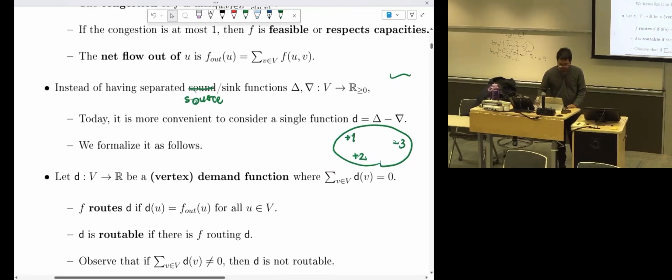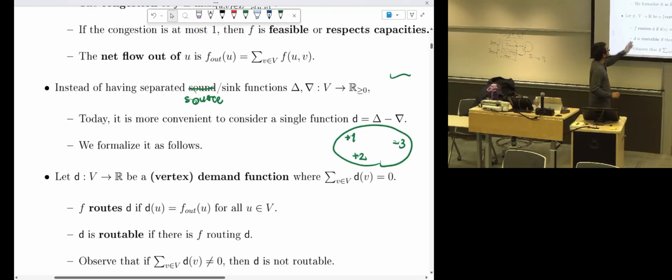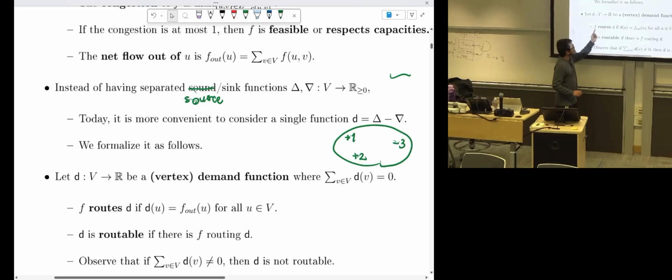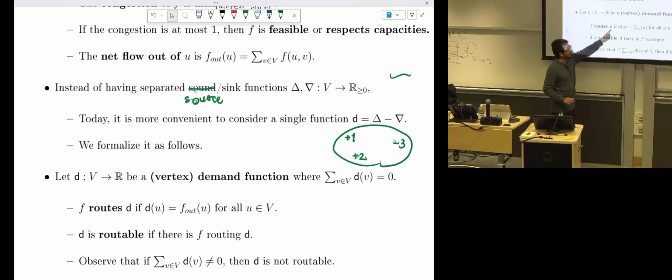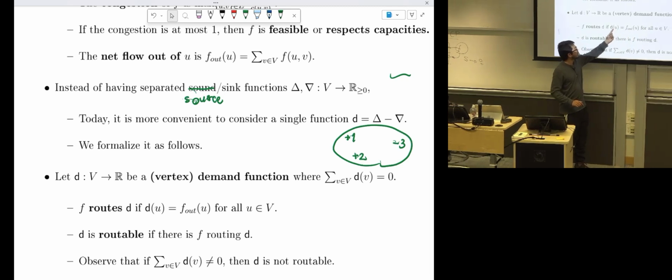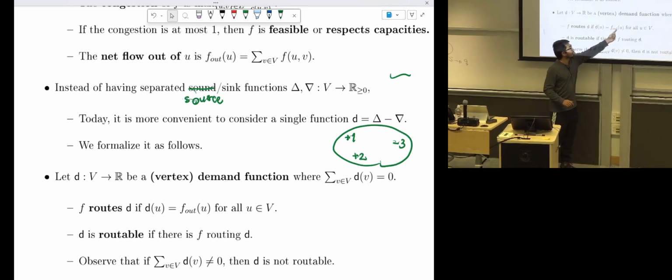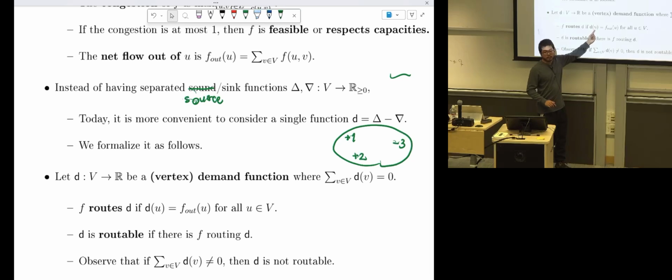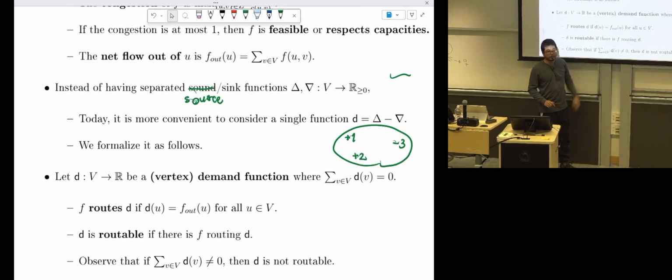Okay, and I say that the flow F routes this demand D if the net flow out of any node u is exactly the demand D of u.